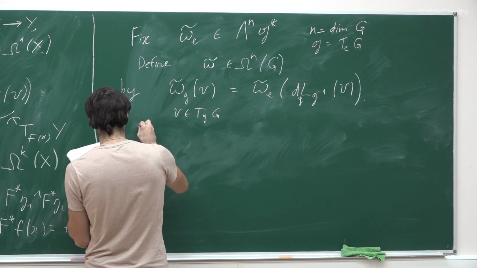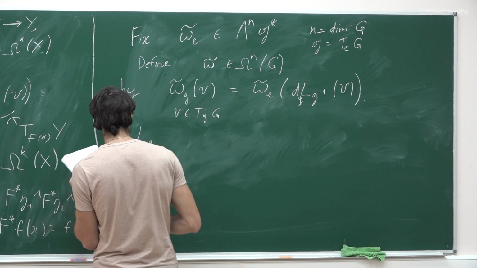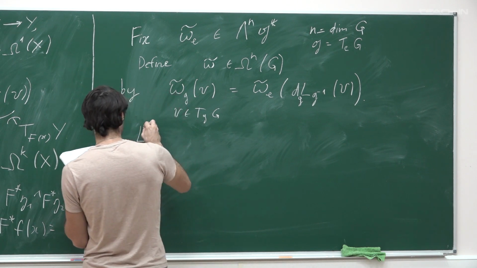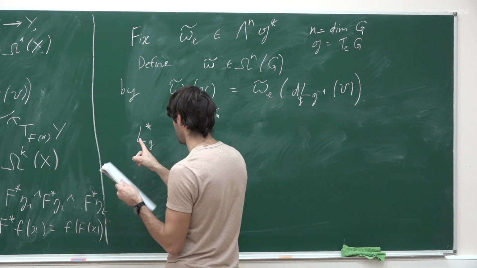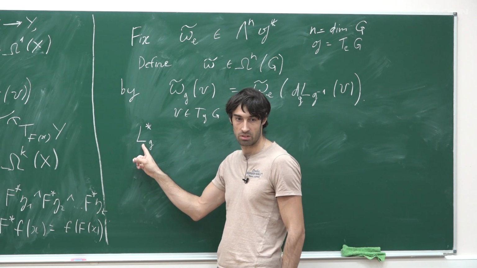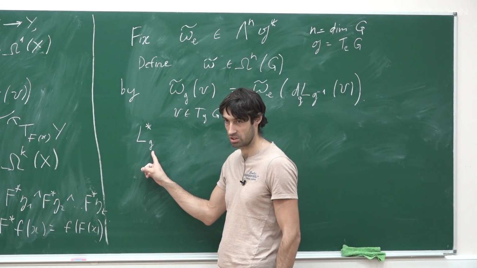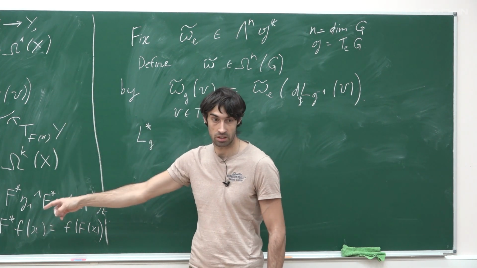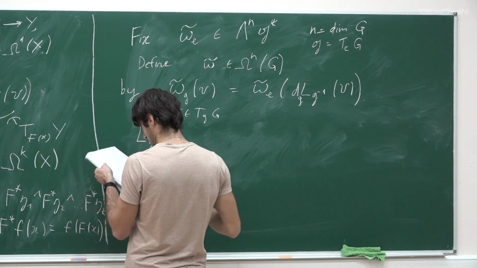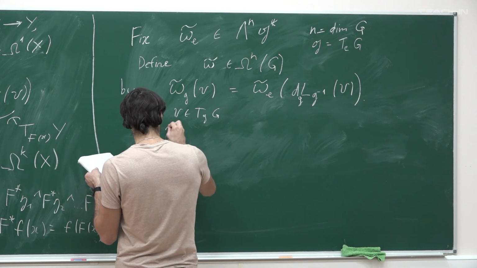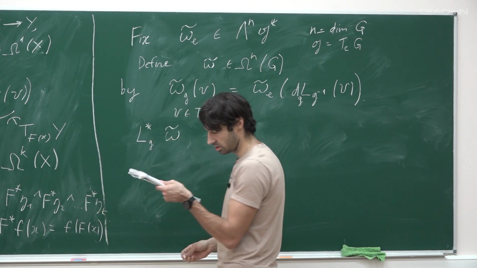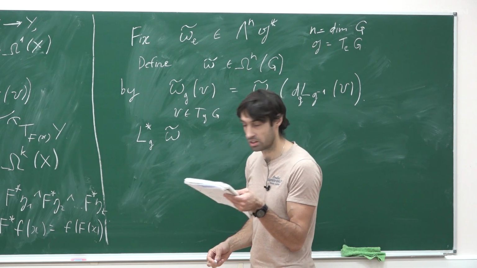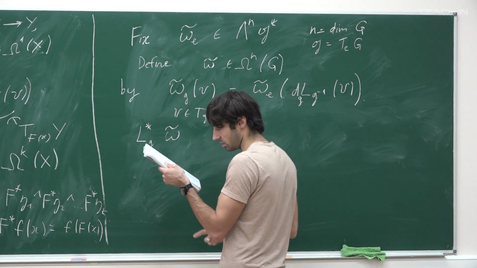So let's check it. I would like to compute L g star, which is multiplication from the left by the element g, and then I put star in the sense that I described here. I apply it to omega tilde. I would like to see that it is just omega tilde.